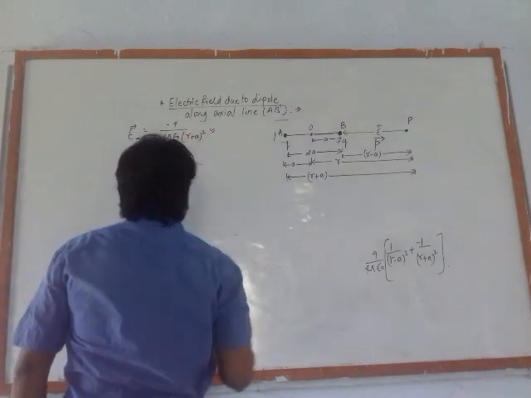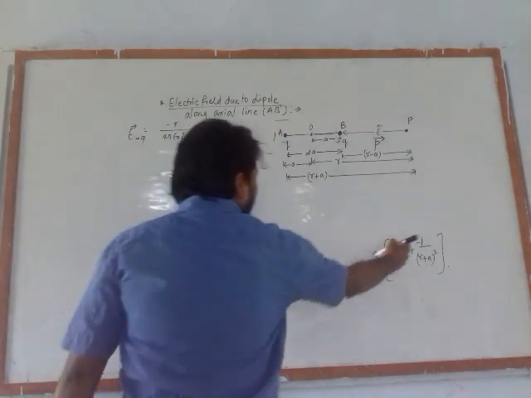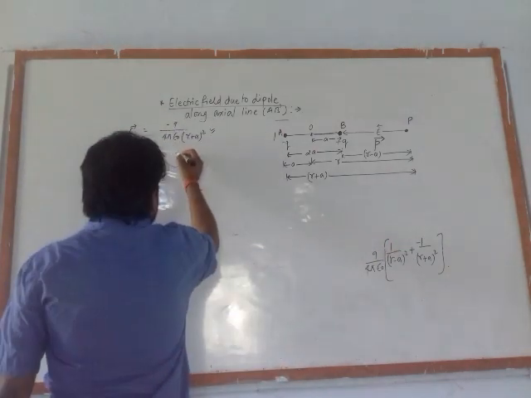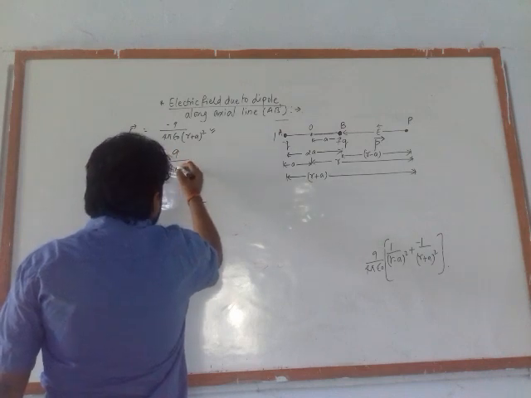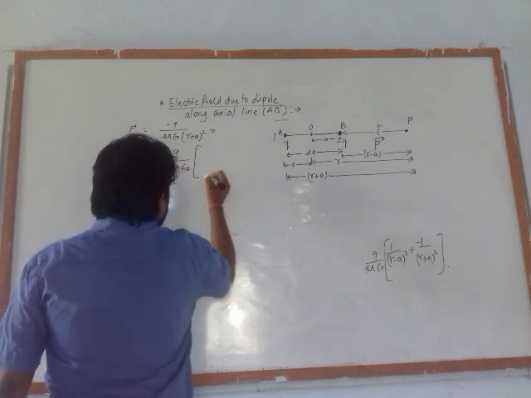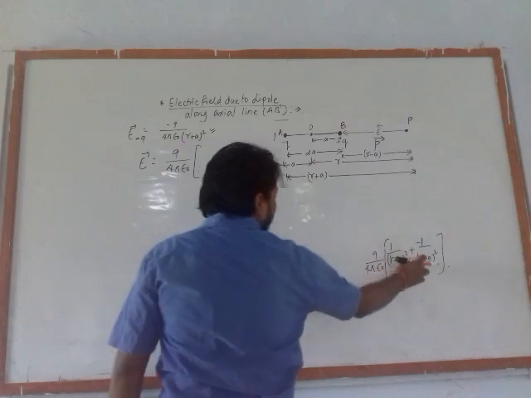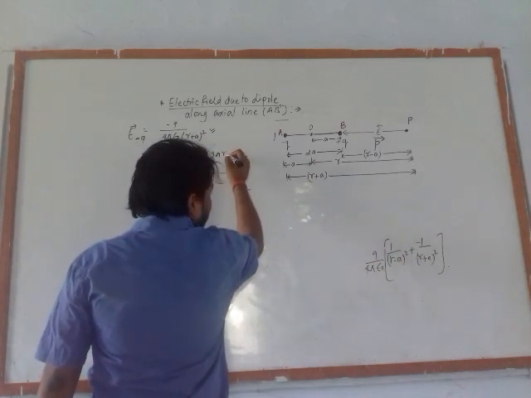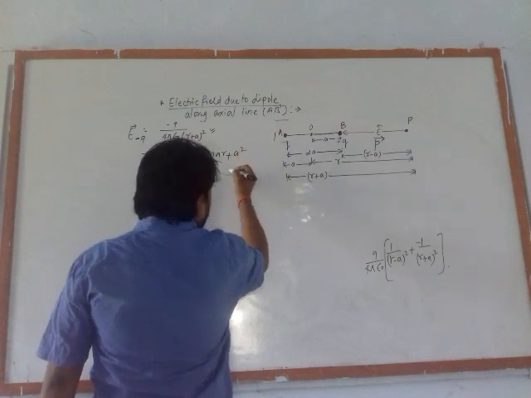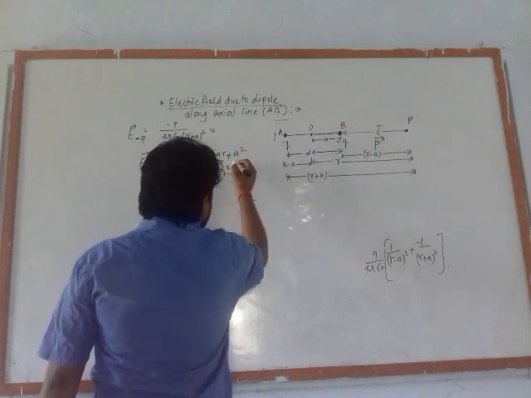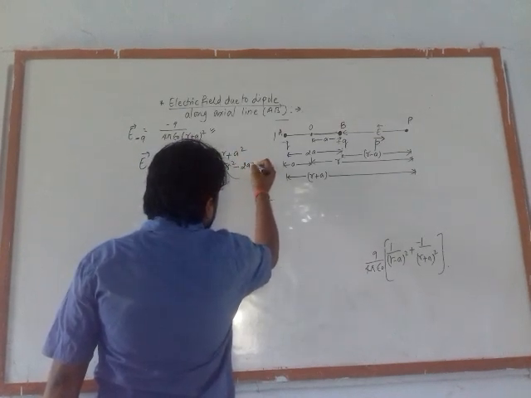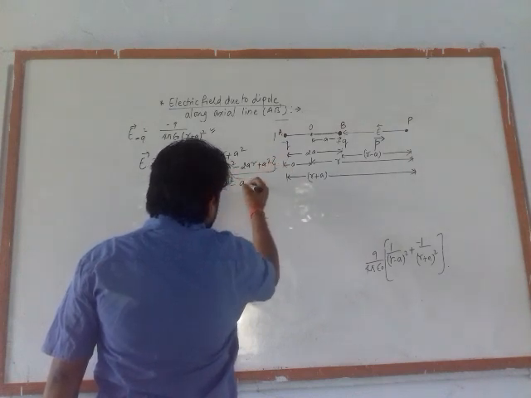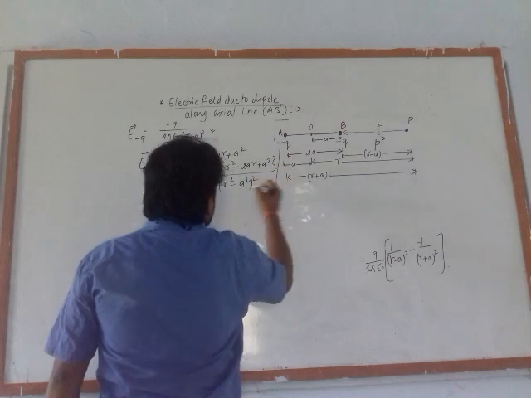So you can add the minus sign, then the minus sign will come here, and finally E will be calculated as Q by 4 pi epsilon naught, then R square plus 2AR plus A square, then minus sign, R square minus 2AR plus A square, divided by R square minus A square whole square.